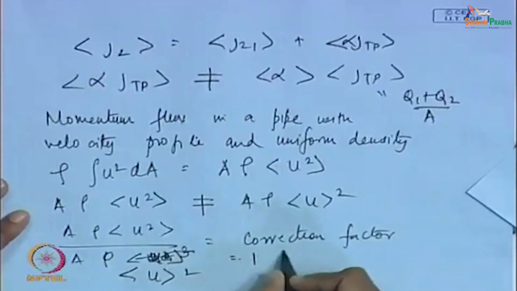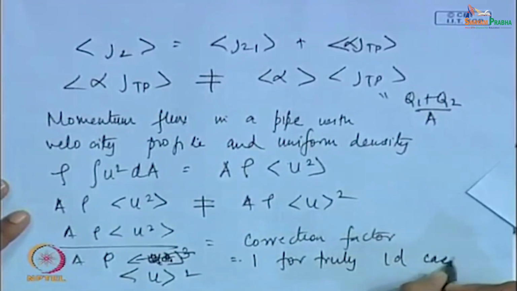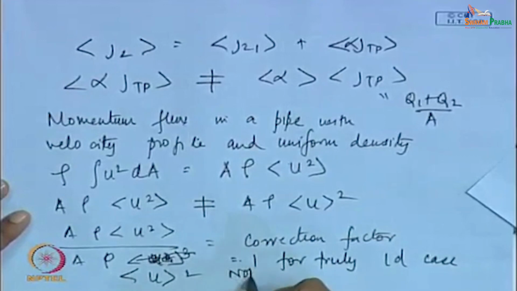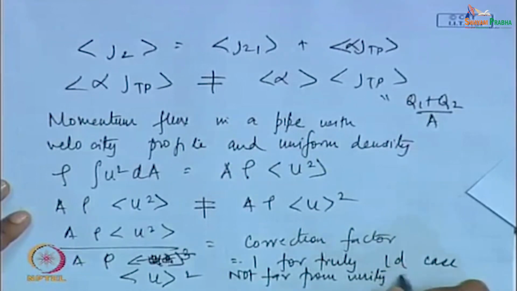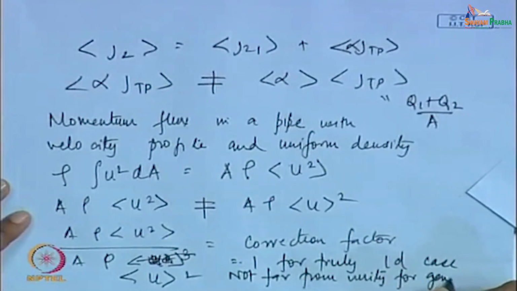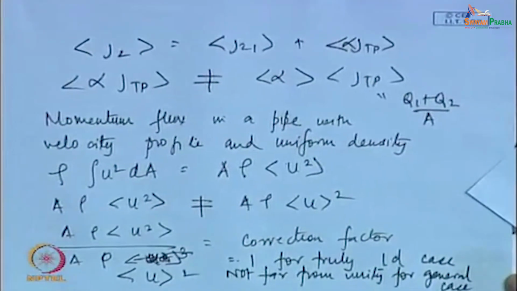So, this correction factor is equal to 1 for truly one dimensional case and not far from unity for the general case. In this particular way the correction terms were introduced.